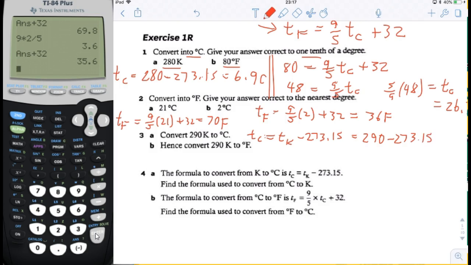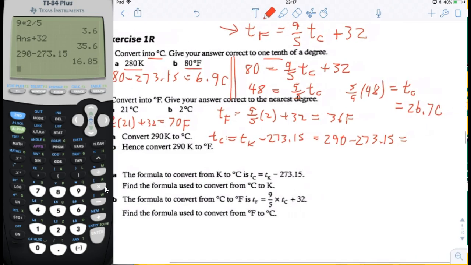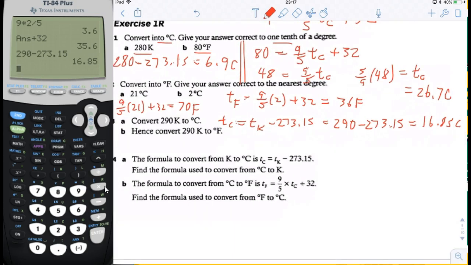So I'm going to take 290 and subtract 273.15. 290 minus 273.15 is 16.85. It doesn't say what precision to give it in, so I could put 16.85 Celsius, or I could do 3 significant figures, because that's standard for IB. Hence, convert 290 K to Fahrenheit.